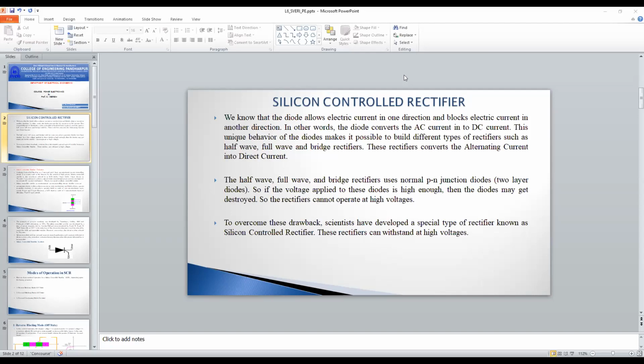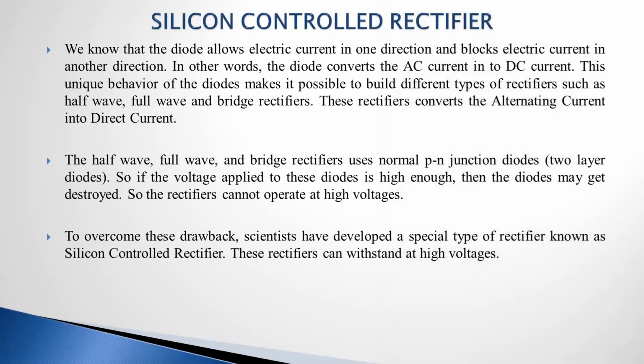Now see here, we know that the diode allows electric current in one direction only and it blocks electric current in the other direction. Everybody knows. The diode will allow the flow of current in only one direction, from anode to cathode only.